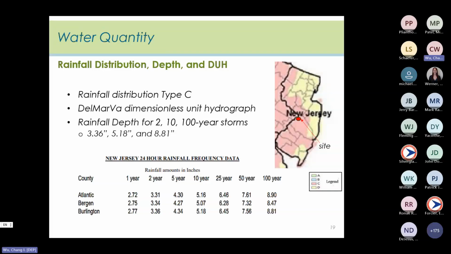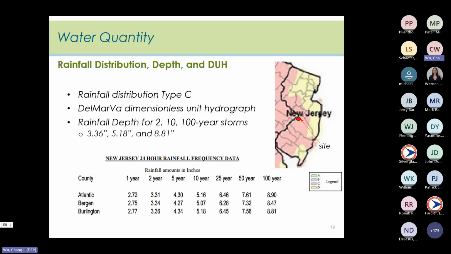After reviewing the overall site layout and the soil information, the next topic to check is the stormwater runoff water quantity requirement. The first thing to confirm is whether the routing calculation used the correct rainfall depth and the dimensionless unit hydrograph. This site is located in the coastal plain, in the area of Type C rainfall distribution.